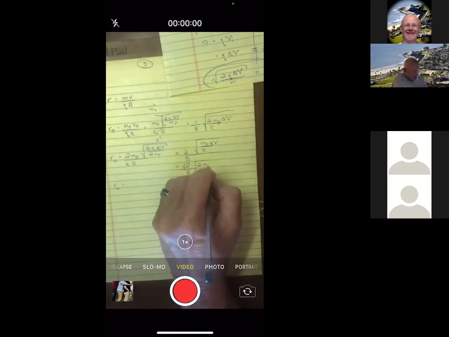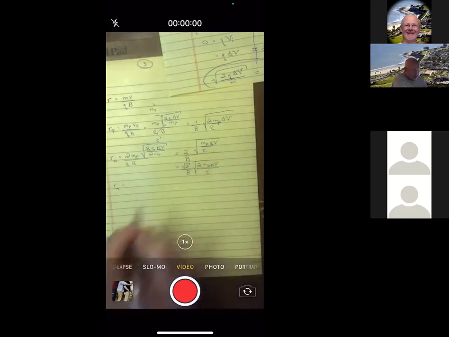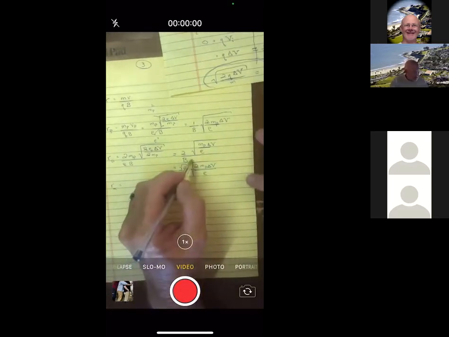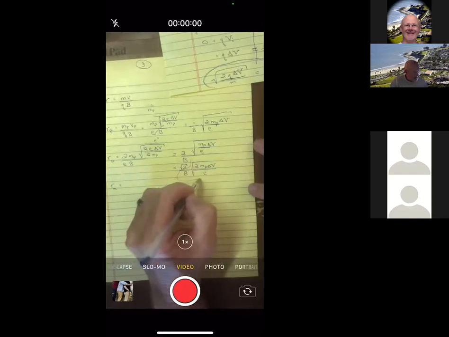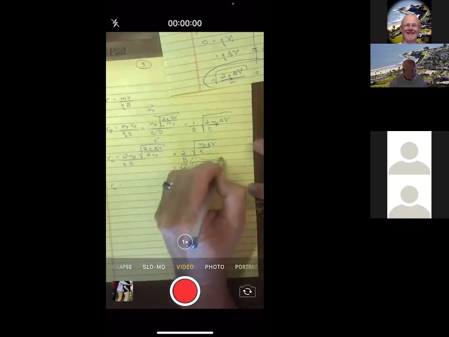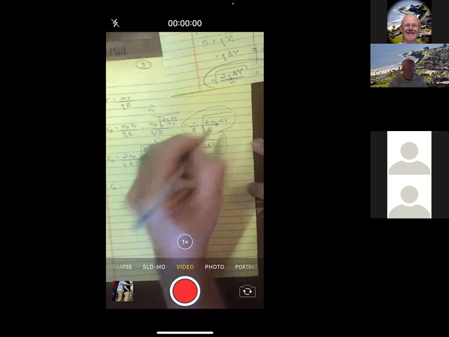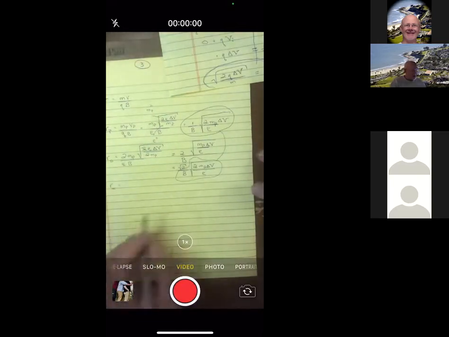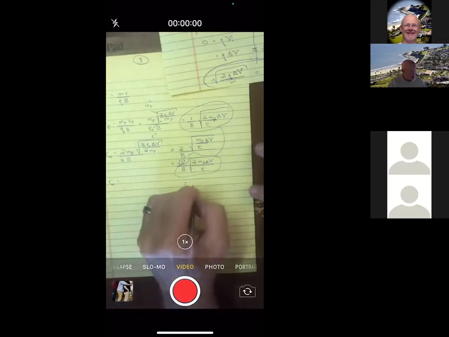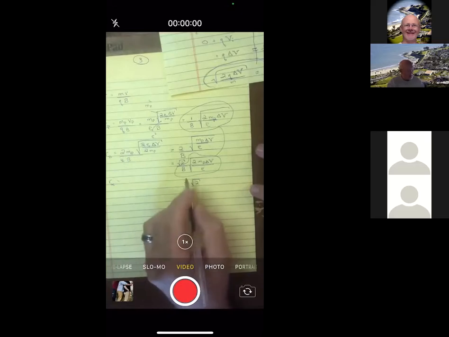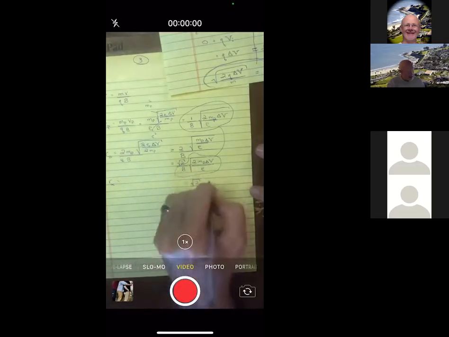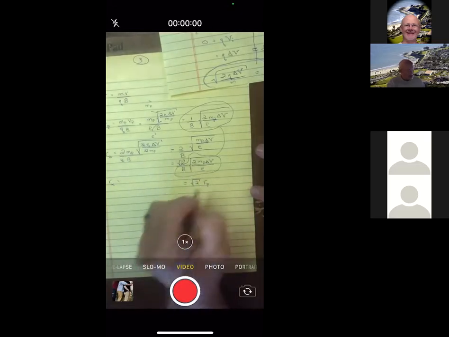We still got the mass of the proton, the accelerating voltage, and the charge of the electron. So this part right here is the same as what we got for the radius of the proton. So I guess I would say we have the square root of 2 times the radius of the proton.